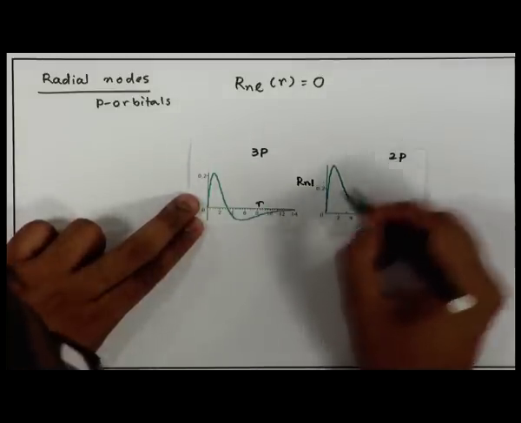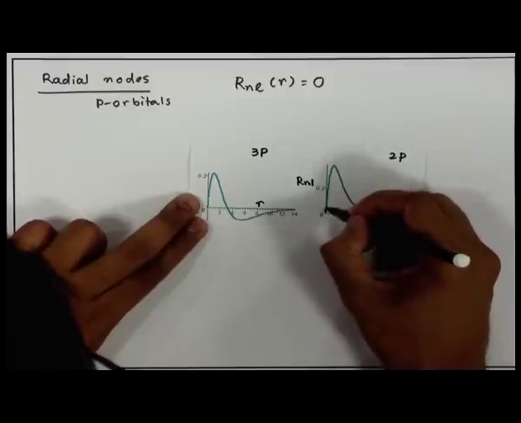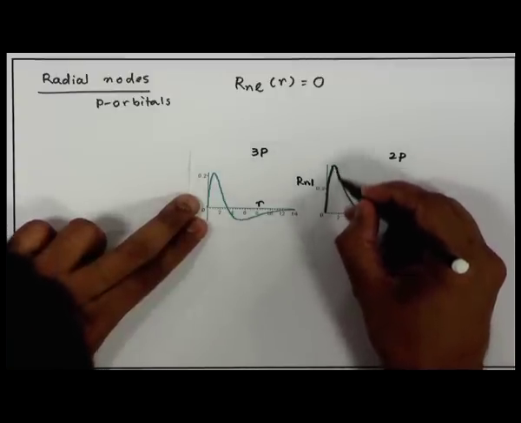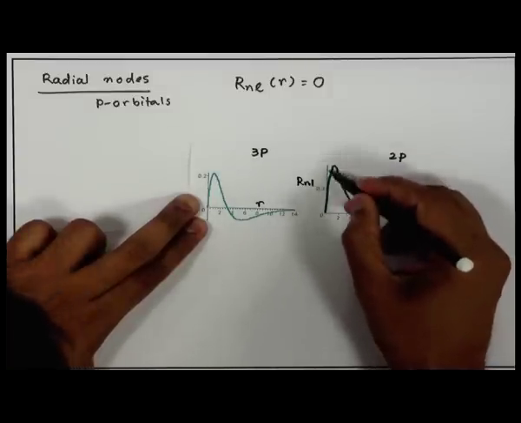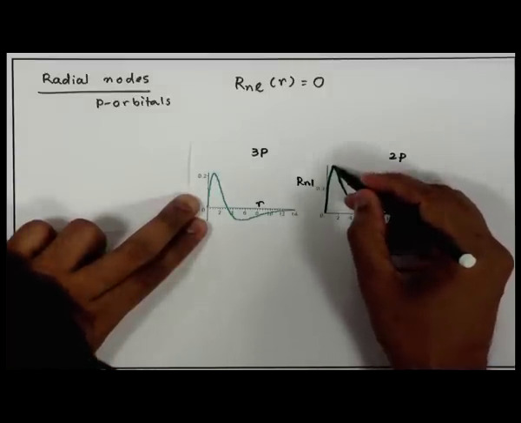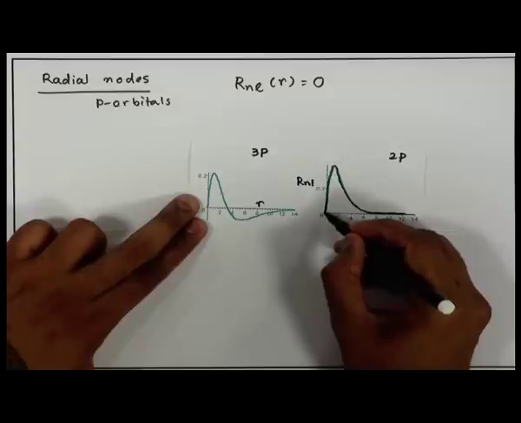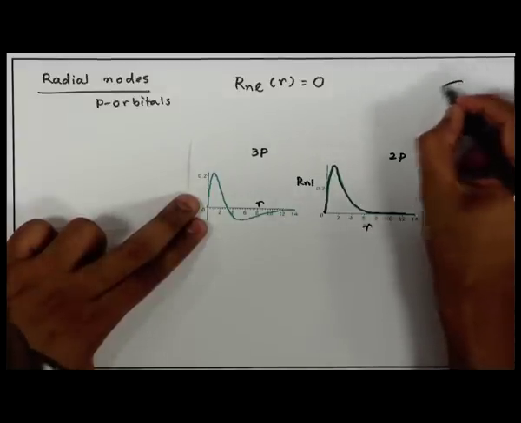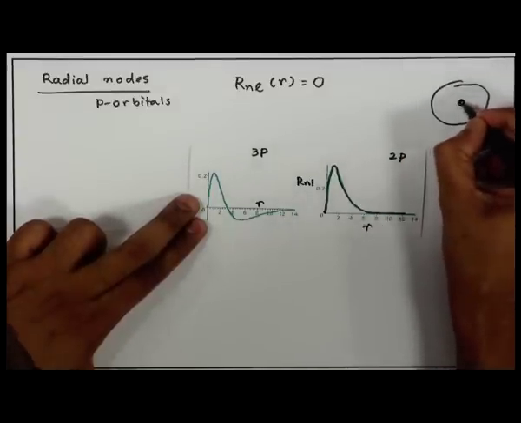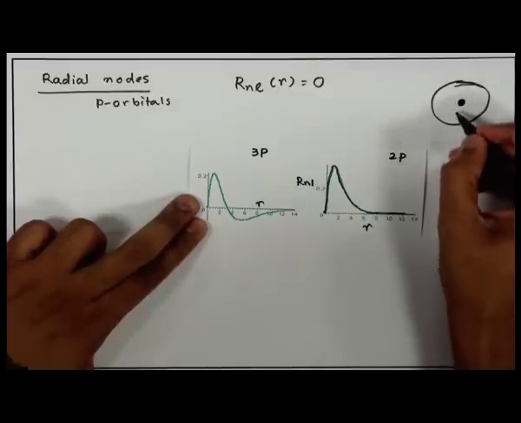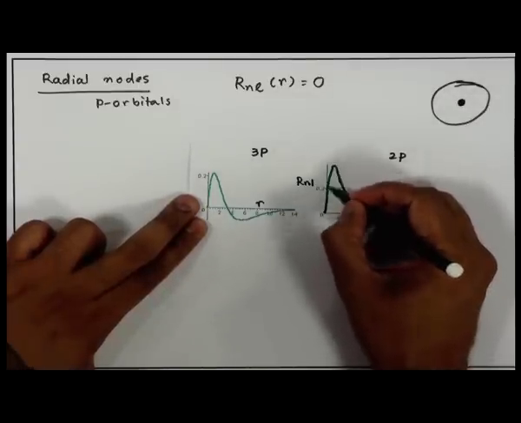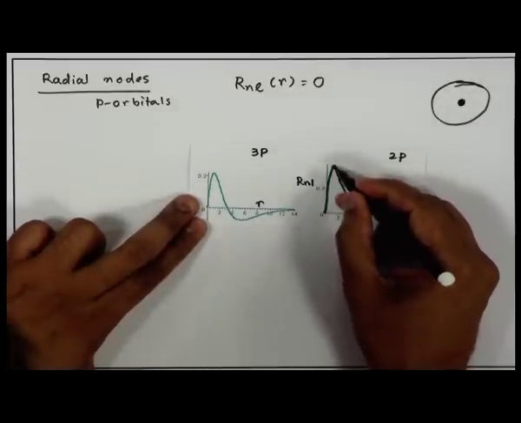So, when the electron is in a 2p orbital, the wave function has this behavior. You see, the radial component does not show any node. What you see here at r equals 0, what does that mean? In case of 1s orbital, in case of any s orbital, there was always a finite probability of finding the electron at the nucleus. However, when it is a p orbital, this probability is always 0.